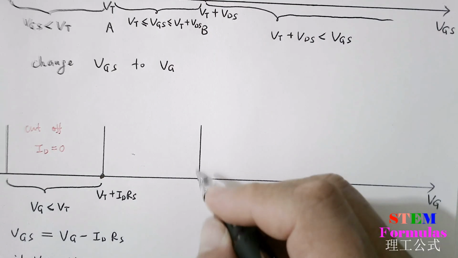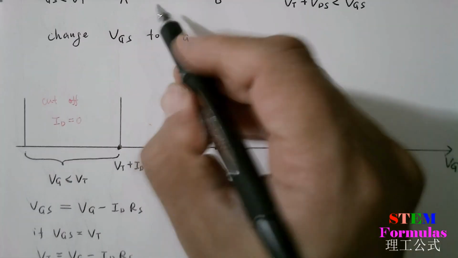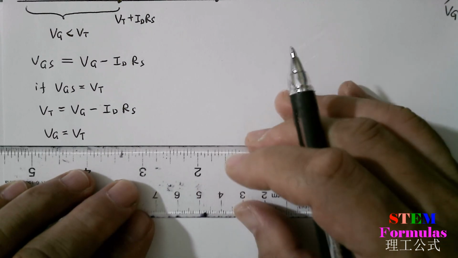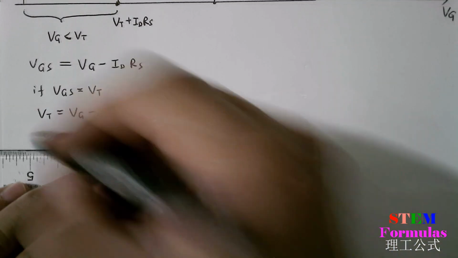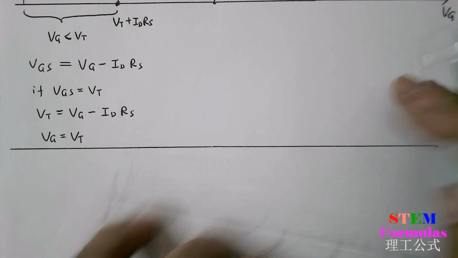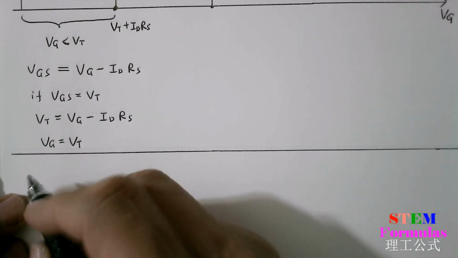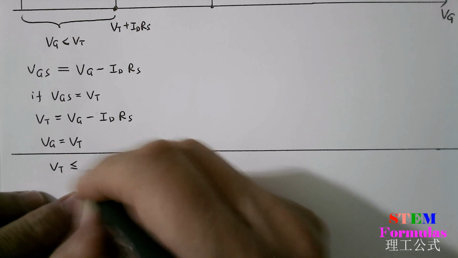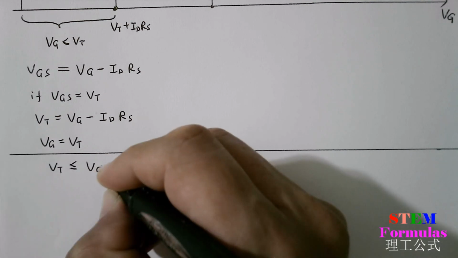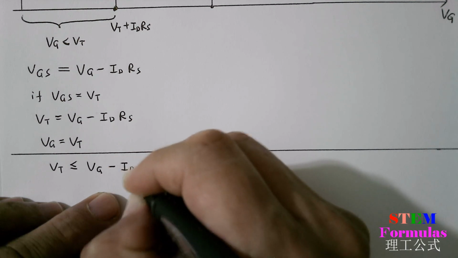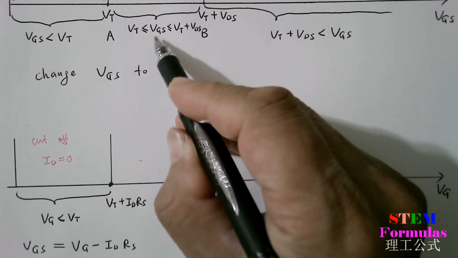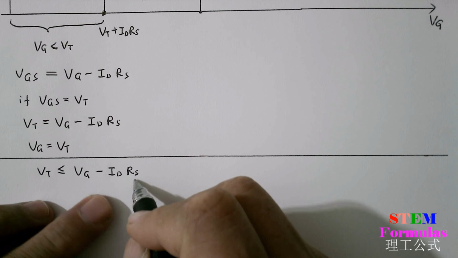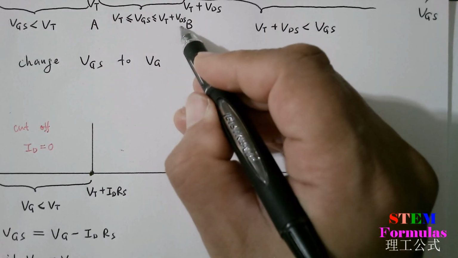So I just go over this equation. I write down this equation. VT is smaller than or equal to VG minus ID RS, so VGS equals VG minus ID times RS, and also smaller than VT plus VDS.